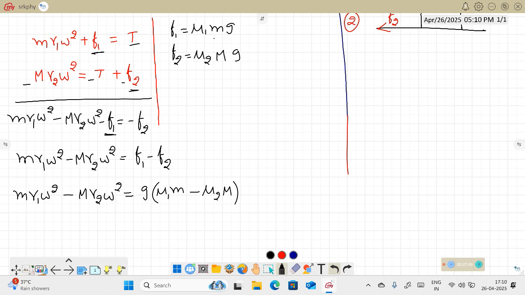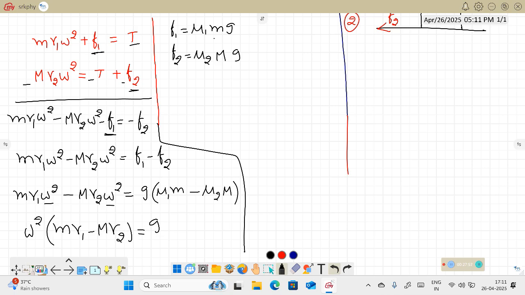Now we require omega. So take omega square common from this equation: omega square times m r1 minus capital M r2 is equal to g into mu1 m minus mu2 capital M, since we can't take any common there.